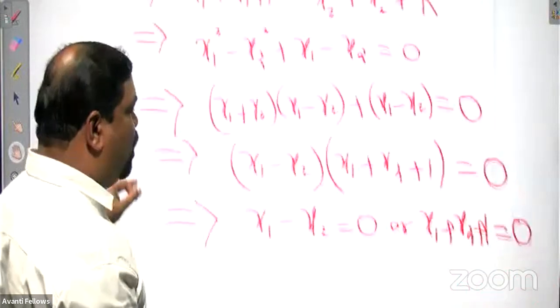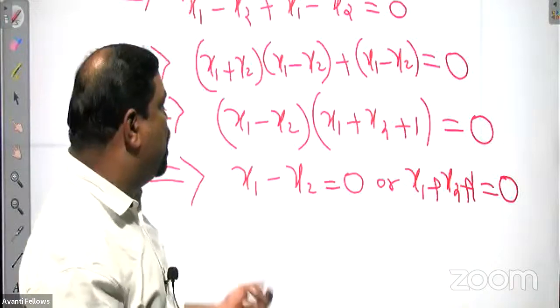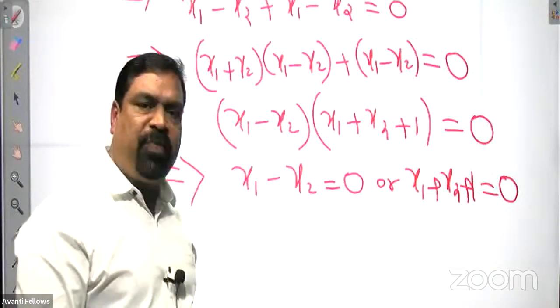Now from here, x1 plus x2 plus 1, can it be 0? Remember, x1, x2 are natural numbers only. So it is not possible. So the only possibility is what? x1 minus x2 must be 0.